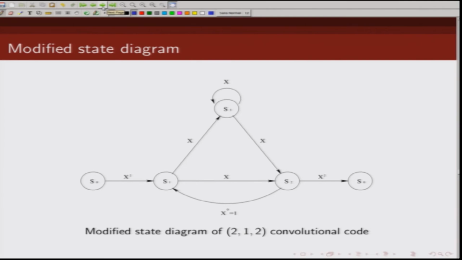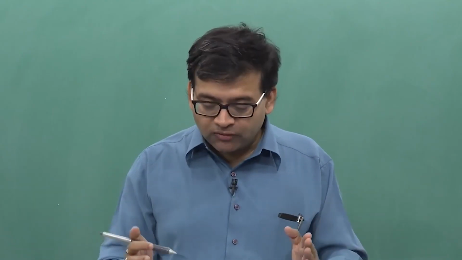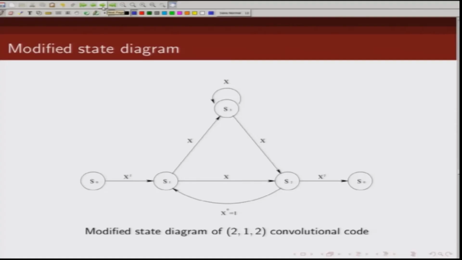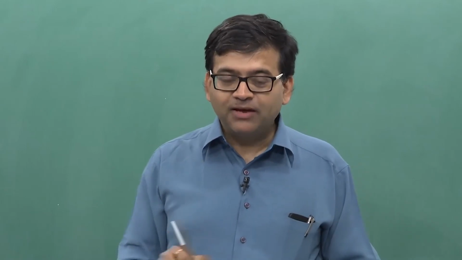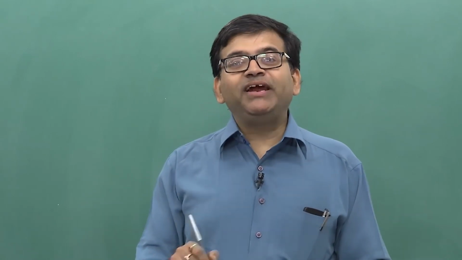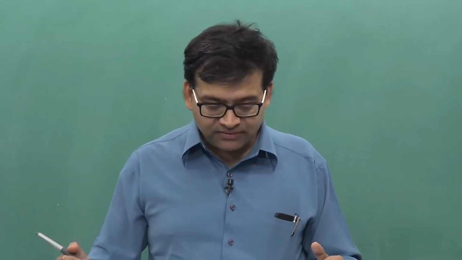Like that we modified the state diagram, and this is how the modified state diagram of the rate 1 by 2 convolutional code looks. Now, the next step is to find the forward paths, the loops, and the non-touching loops, then find the path gains along those forward paths, find the deltas corresponding to these forward paths, and apply Mason's gain formula to get the weight enumerating function.